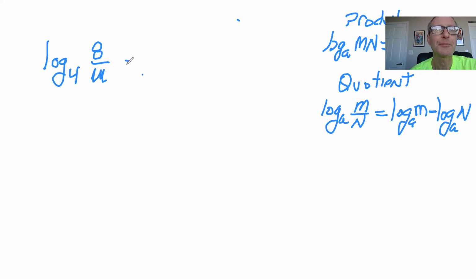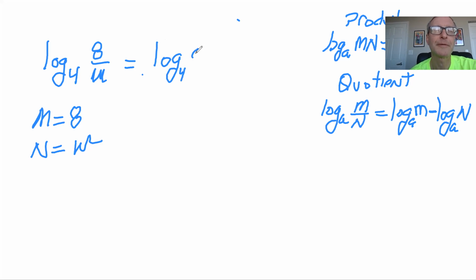And so to split that one up, since we could think about the m value being 8 and the n value here being w. And if we split that up, it'd be log of base 4 of 8 minus log of base 4 of the letter w.